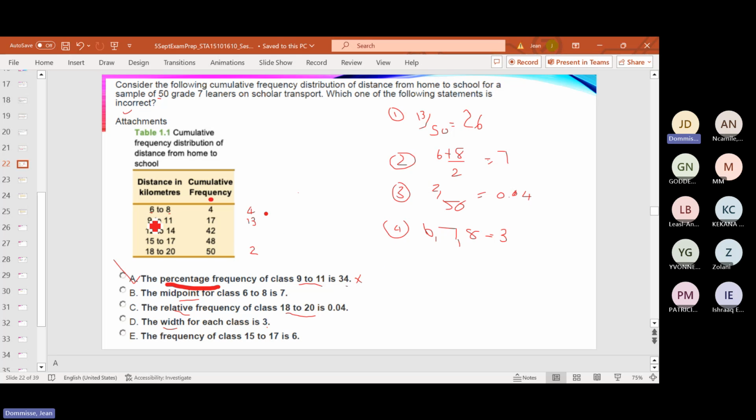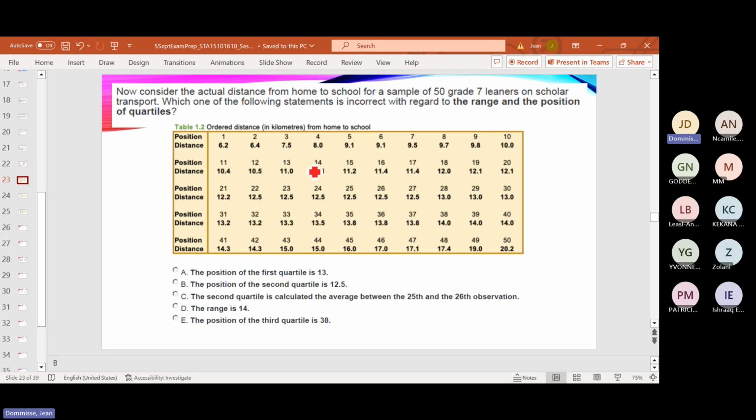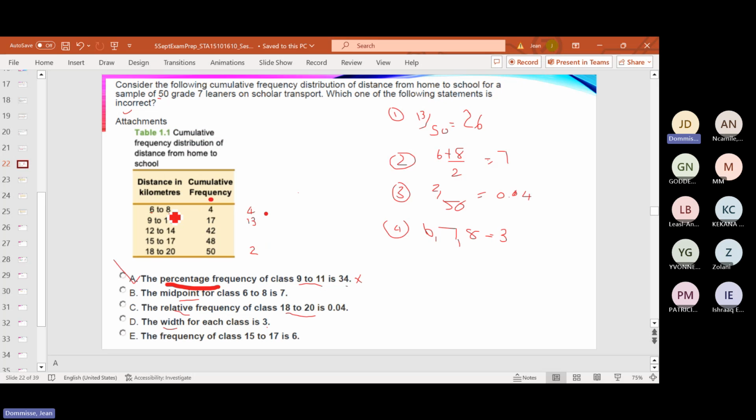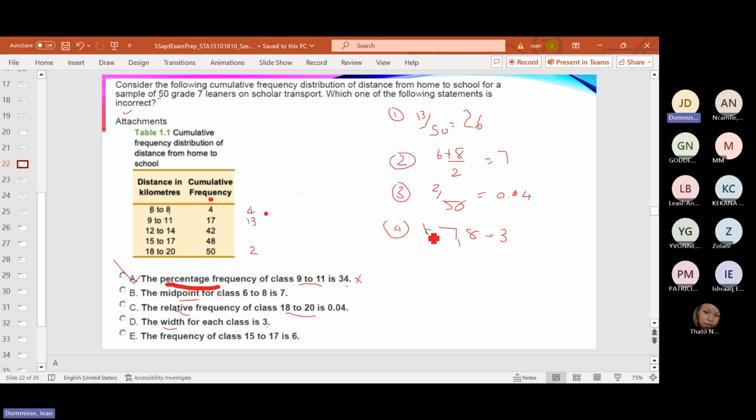So just remember that 8, and it might even come out again, I think this was also from a previous assignment, that 8 includes 8.9. So it's not just 6 to 8, it is actually 6.000 to 8.9999.